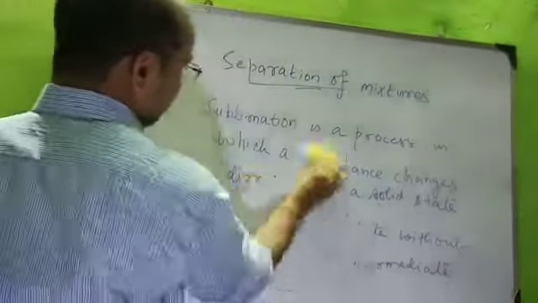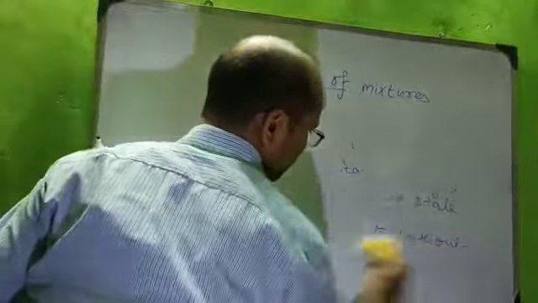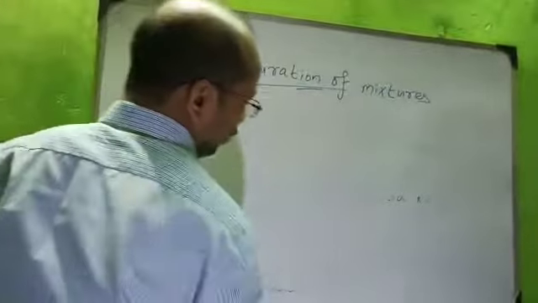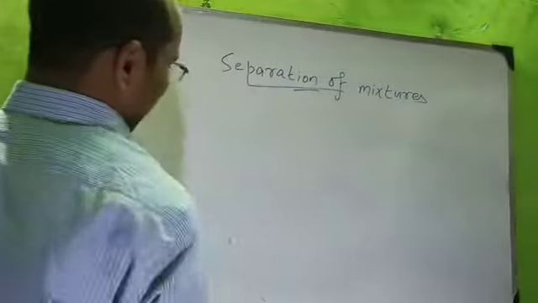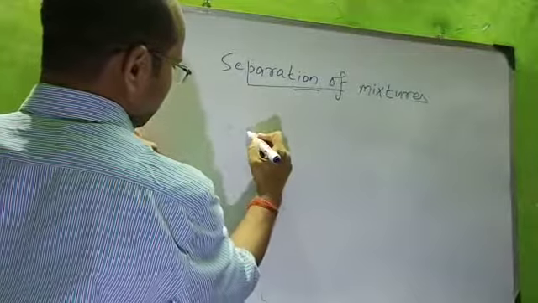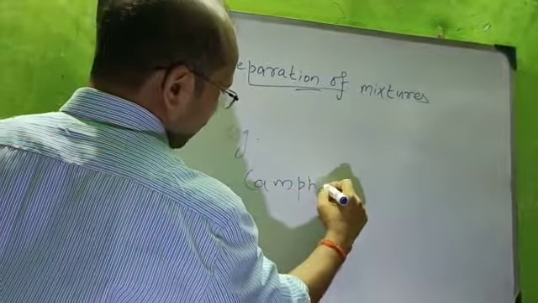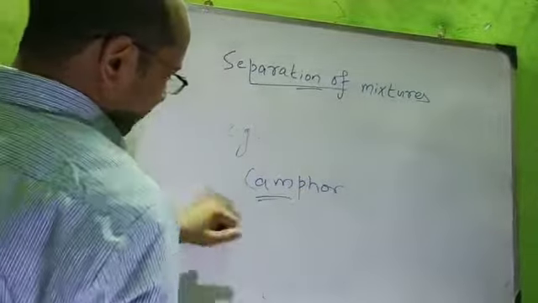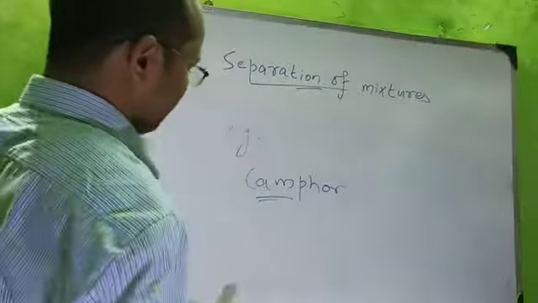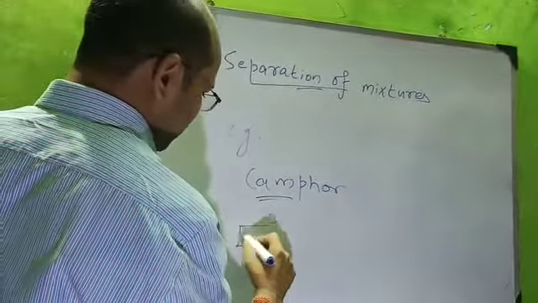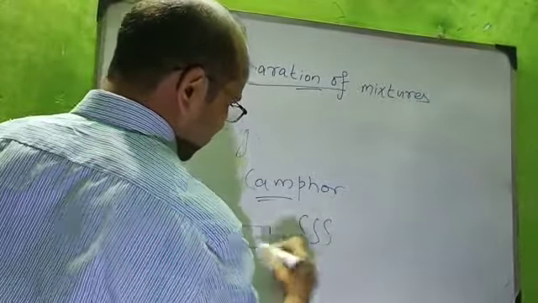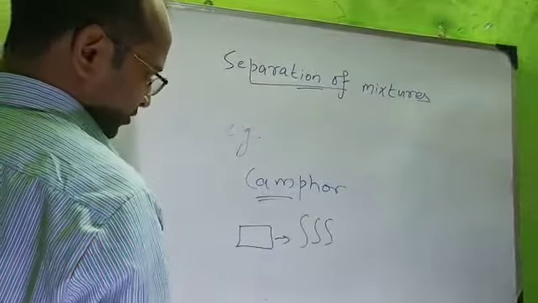Now I am going to give you some examples of it. A very common example of it is camphor. So what happens in case of camphor? When we heat or burn camphor, from the solid state it directly goes into the vapor state. It doesn't go into the liquid state. Okay.